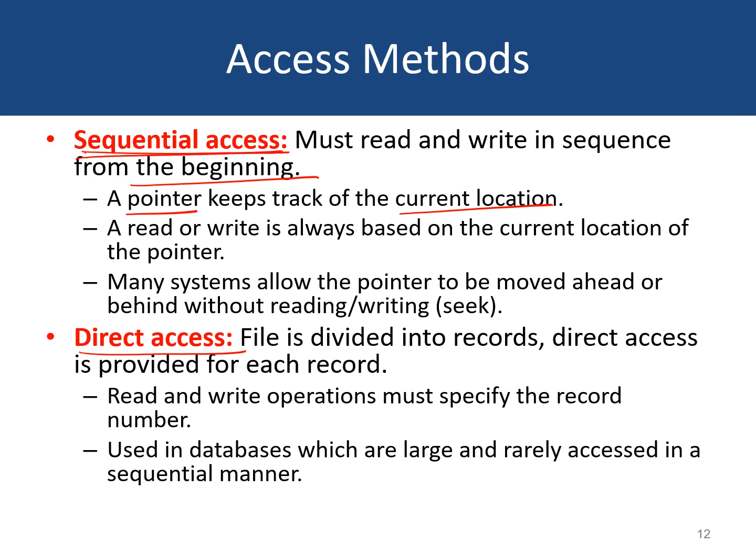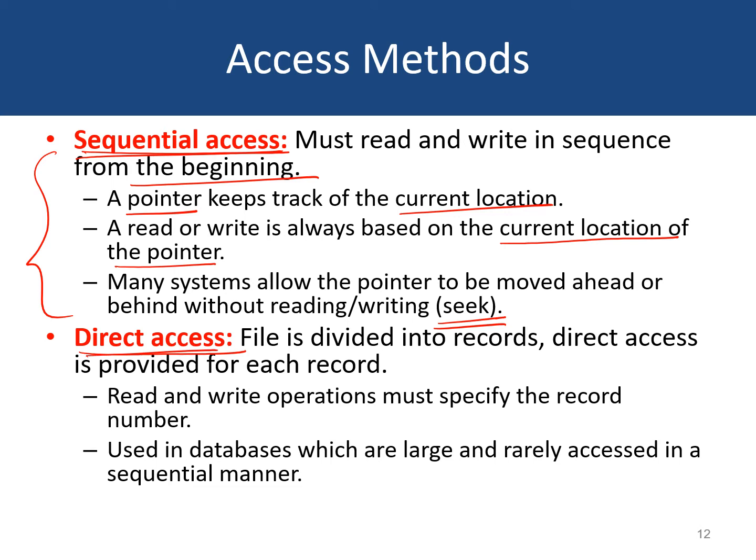A read or write operation which is issued on the file is always based on the current location of this pointer. Many systems do allow this pointer to have a seek movement. Essentially what this means is, we can move the pointer ahead or behind without actually reading or writing. So that's a quick summary of sequential access.